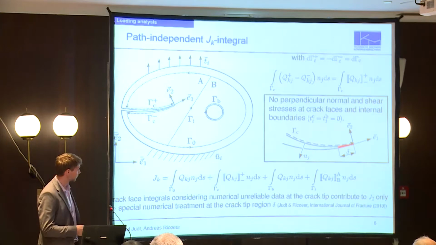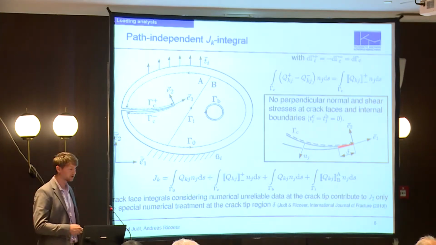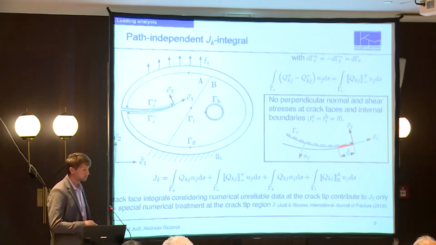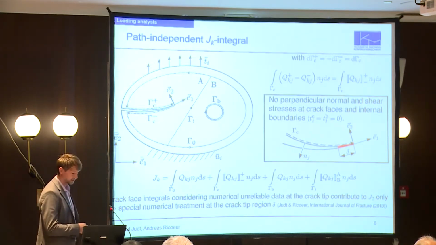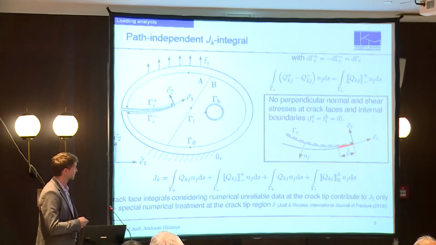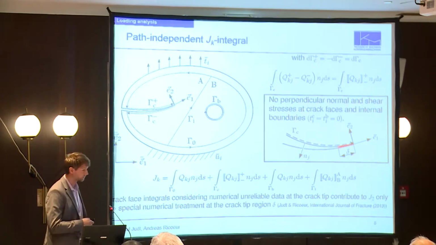So, as I said before, we do not apply small integration contours, we choose such large integration contours, and as there are maybe other defects in our material or in our boundary value problems, for example this hole, there also are material forces present.